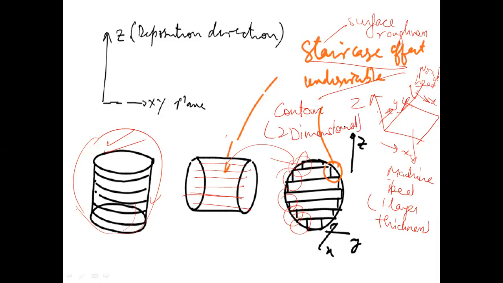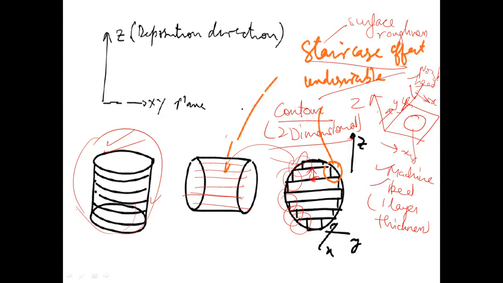So now there are a lot of effects that you need to consider. A circle is being plotted on a 2D contour by the nozzle head, whereas this thickness is going to be controlled by the movement of the machine bed.